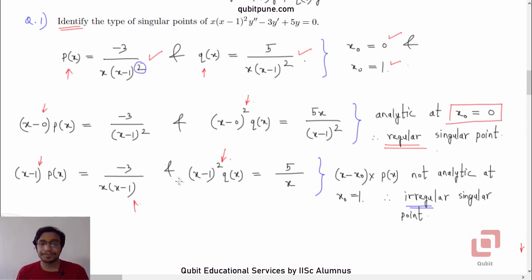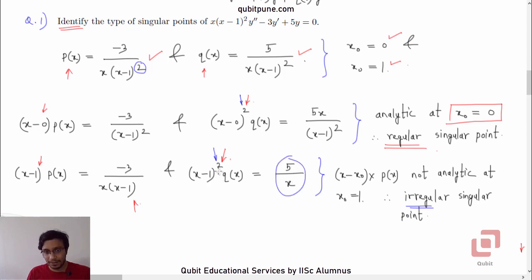But let us do it for q of x. Let us multiply q of x by (x minus 1) raised to 2, the way we did here. This leads to the cancellation of (x minus 1) raised to 2, so we get the function 5 upon x. Now this is analytic.